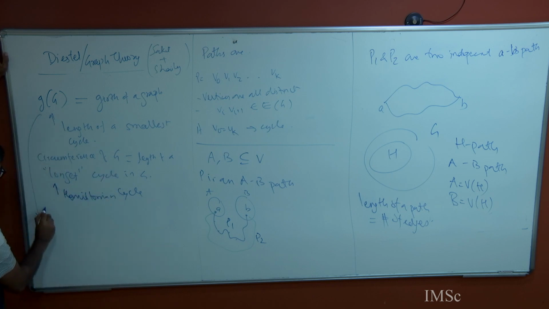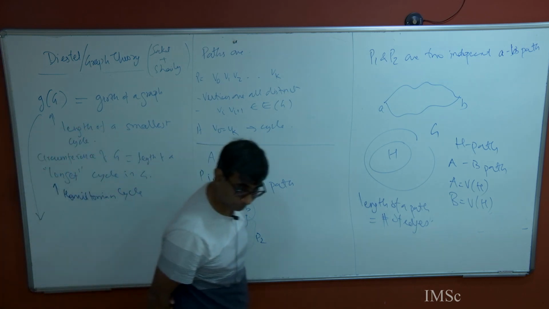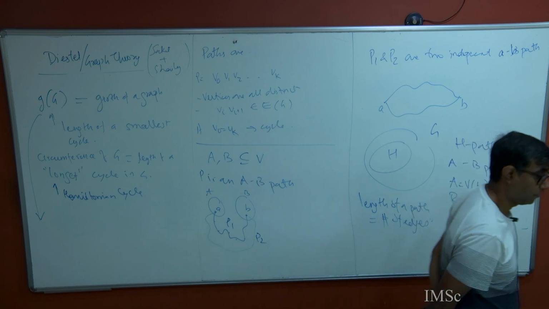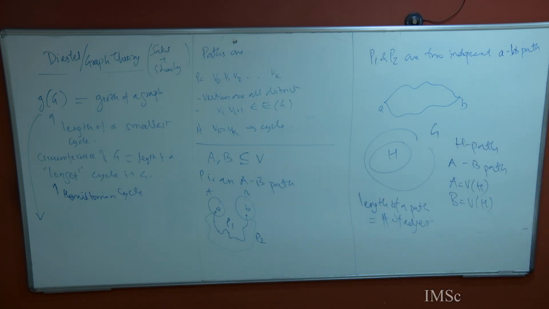But what about this? Let's see if you know an algorithm. Just to make your life difficult, let me tell you there is no known linear time algorithm to compute the girth of a graph.